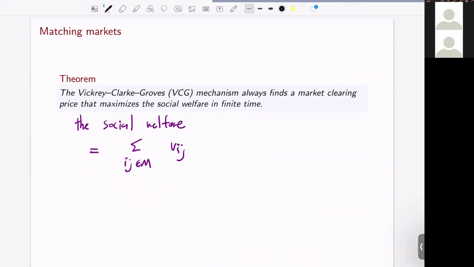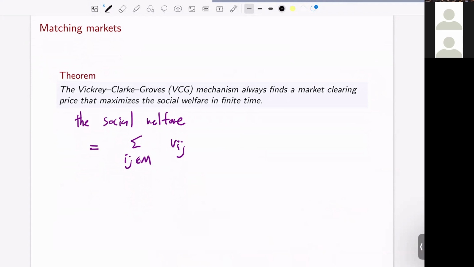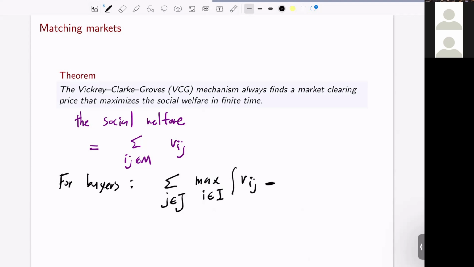So for buyers, we know that the final assignment is given by summation over J in J, max i in I, V_ij minus P_i.